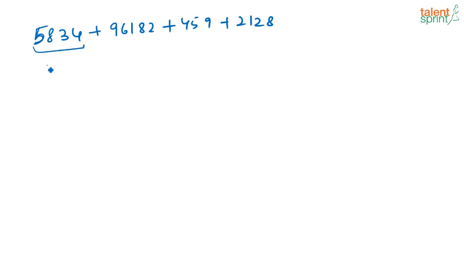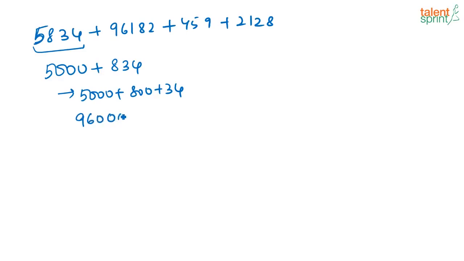You can write it as 5000 plus 834, or you can further say it as 5000 plus 800 plus 34. Similarly, this 96182, you can say it as 96,000 plus 100 plus 82.